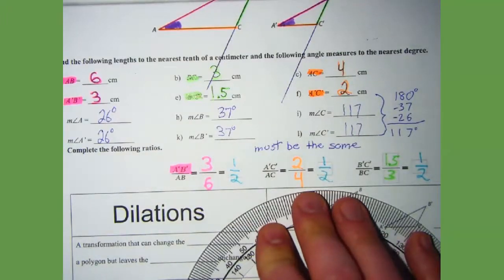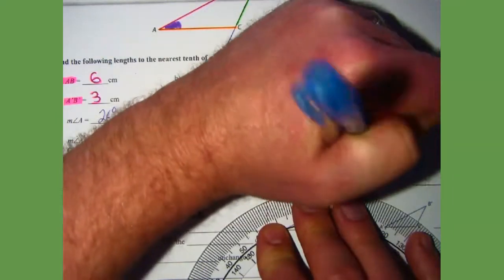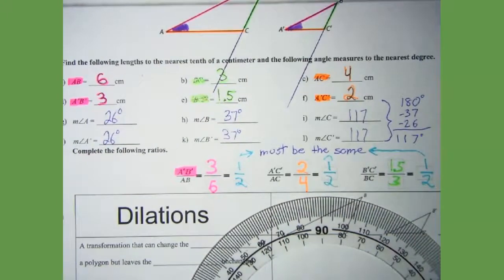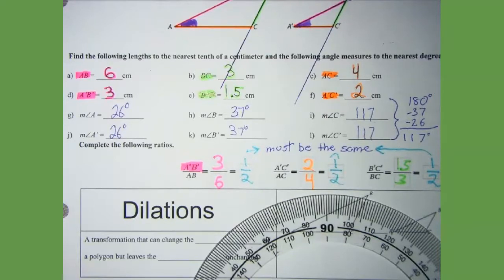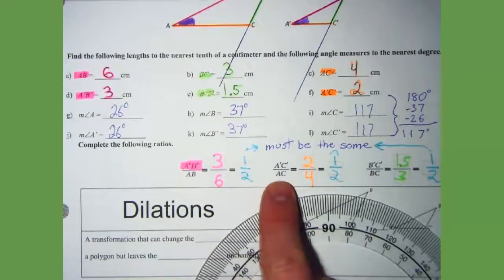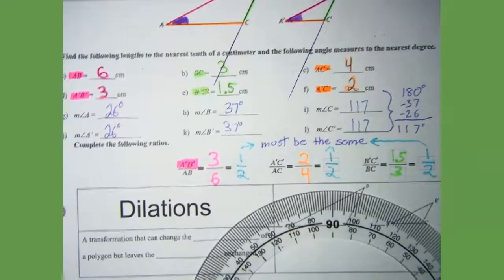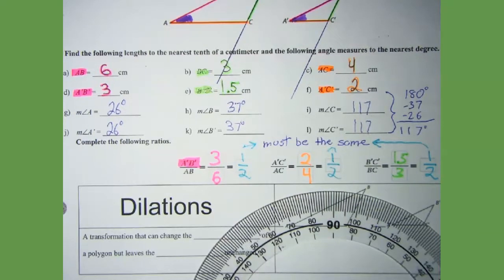If they're not the same, if we don't have the same scale factor, or if the angles are different, then it's not similar. So that's going to be our goal. Now, technically, we do have to show that every single ratio comes out the same. We're not going to do the same thing 3 times for a triangle or 5 times for a pentagon. We're just going to assume that they are, unless there's evidence to the contrary.